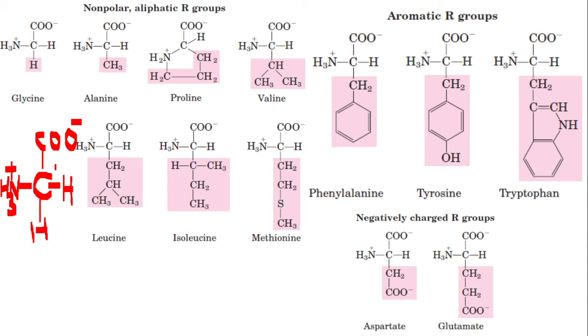But remember, this carbon bond is attached with this carbon, not with this hydrogen. For example, if I write like this, is it the figure of alanine? No. Why is this not the figure of alanine? Because this bond should be between this carbon and this carbon, not with this hydrogen. Make a note of it.